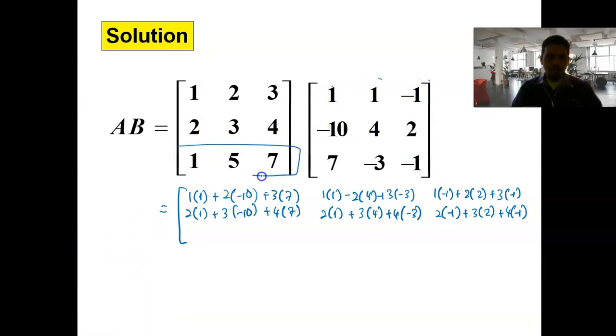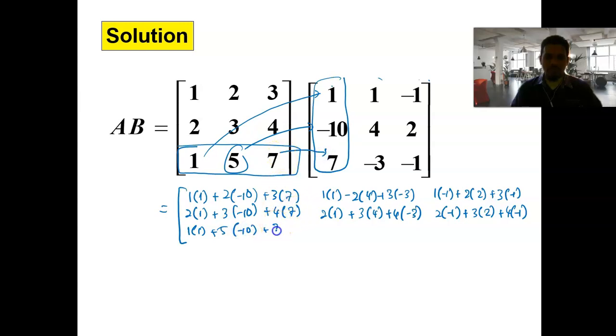Then we're going to make the operation between row 3 and column 1. We got 1 multiplied with 1, plus 5 multiplied with negative 10, plus 7 times 7.